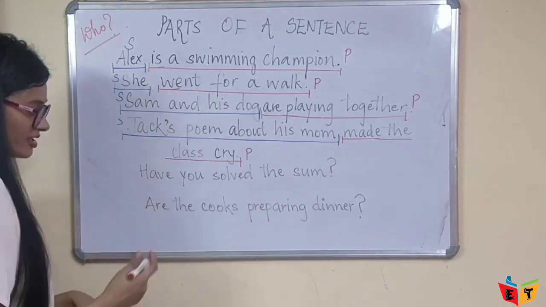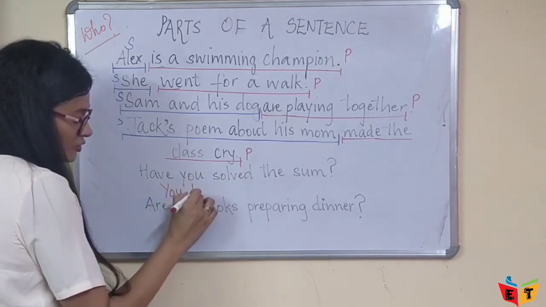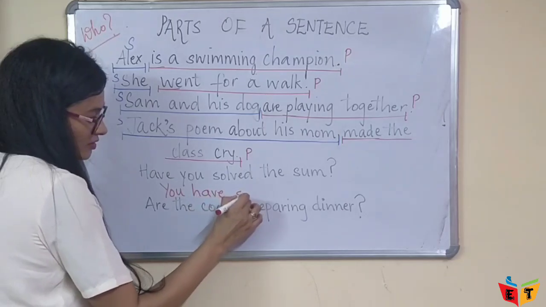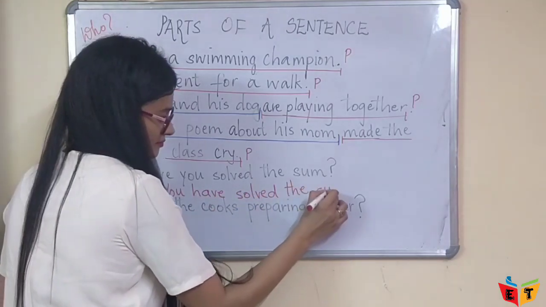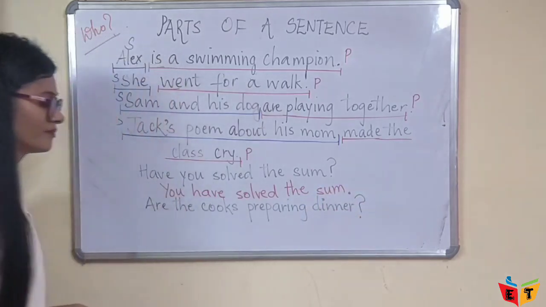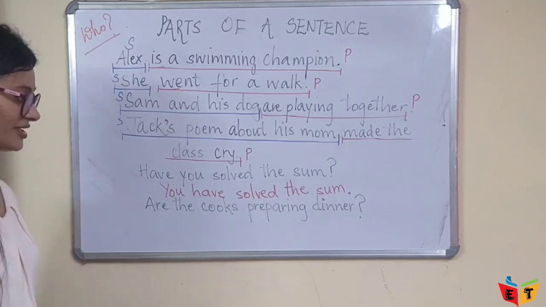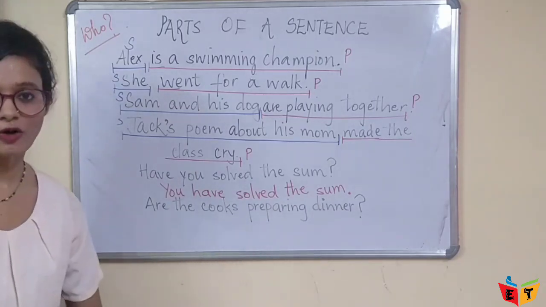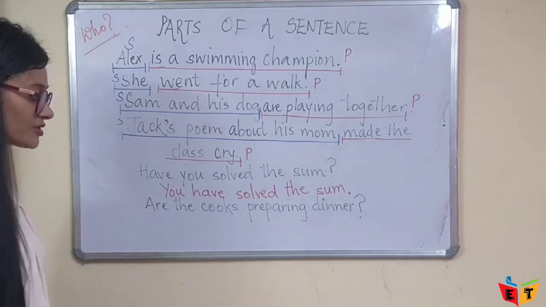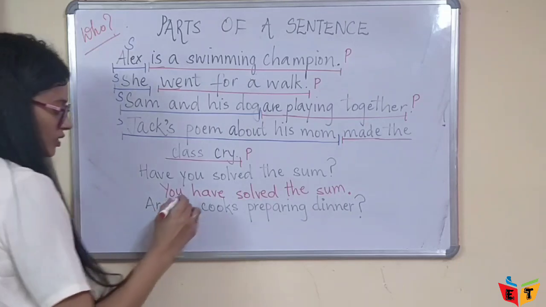So when I try to change it to declarative, it will be you have solved the sum. Okay. So after we have changed this interrogative to declarative, we got the statement you have solved the sum. So now let's ask the question who after the verb here. What's the verb?